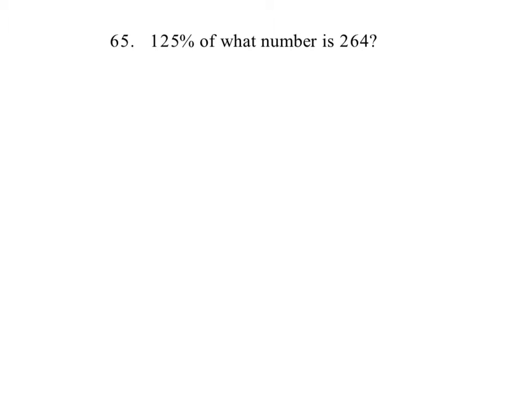Okay, so I'm going to rewrite what we had written: is over of equals percent over 100. And then what are we doing? We're going to identify what numbers we know and what numbers we need. What's the is number? Is 264. What is the of number?